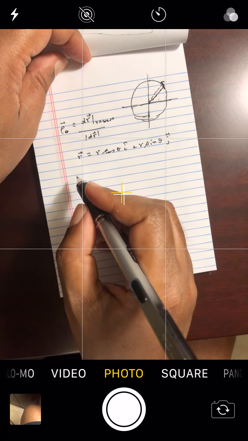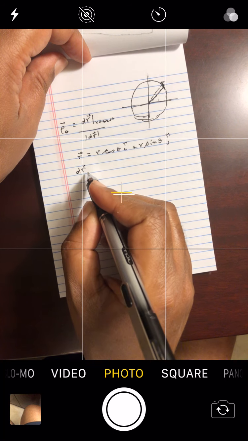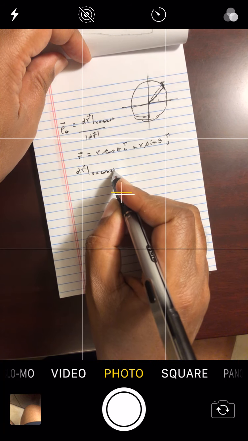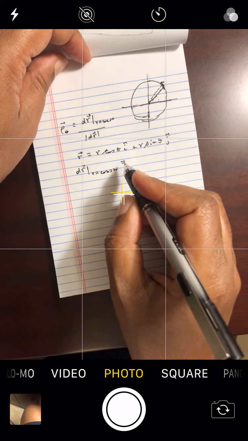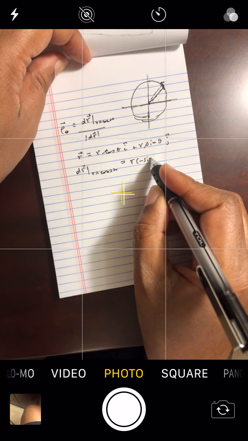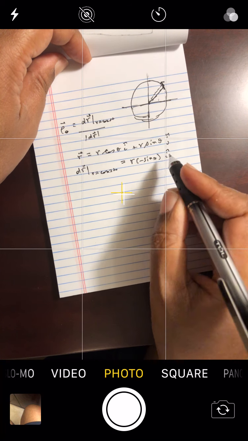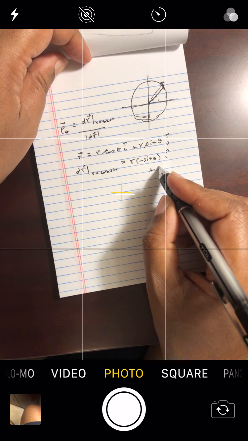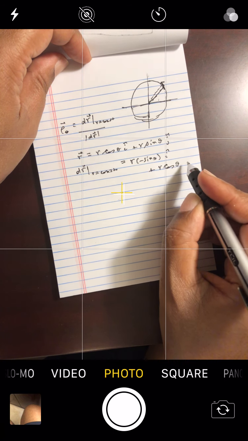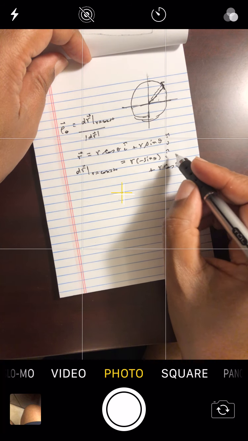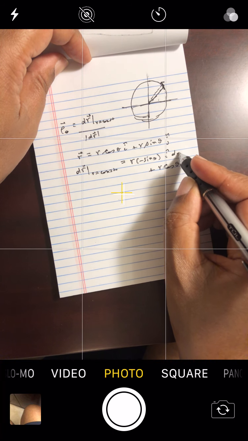And dR while keeping R constant is the following: R, the derivative of cosine of theta is negative sine theta in the i direction, plus R is a constant, and then R cosine of theta in the j direction, of course, times d theta. This is a change.